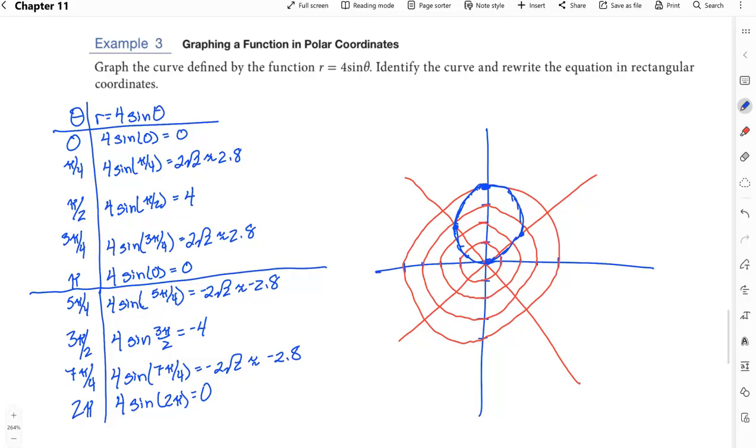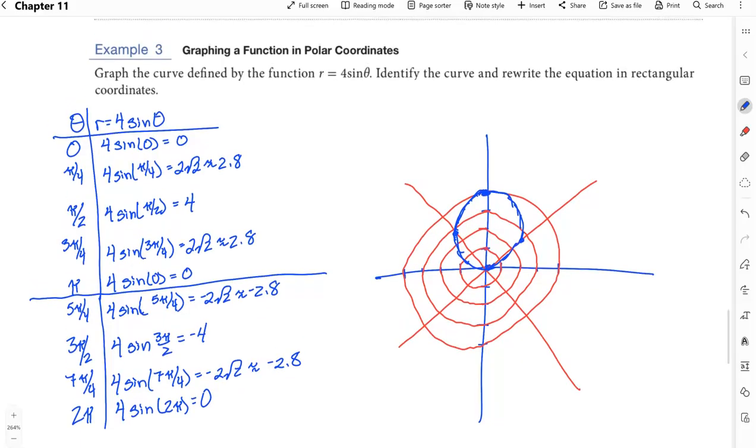And the same thing's going to happen for all the other ones. The next one is 3 pi over 2. So here's 3 pi over 2, and r is negative, so we're going to move along the opposite side. So you can see what's happening is that we're tracing the circle twice. If I look at everything from 0 to 2 pi.